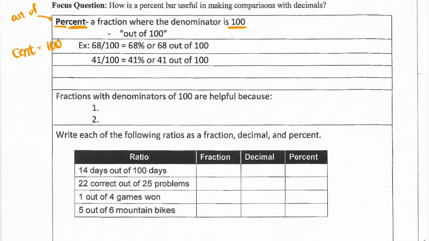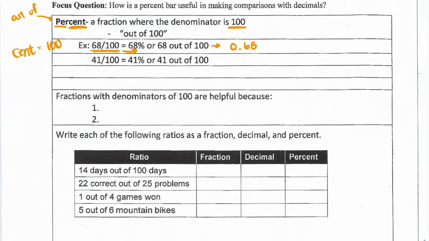Some examples include 68 hundredths, or 68 over 100, and we write that as 68%. If I were to write 68 hundredths as a decimal, I would get something that looks like this. See how I can easily write a fraction as a percentage and as a decimal?